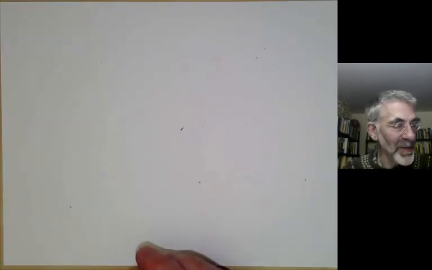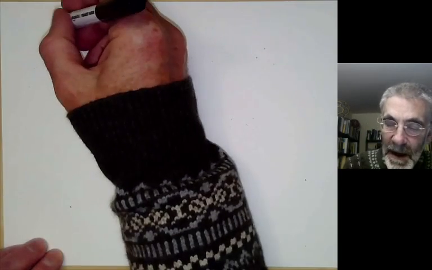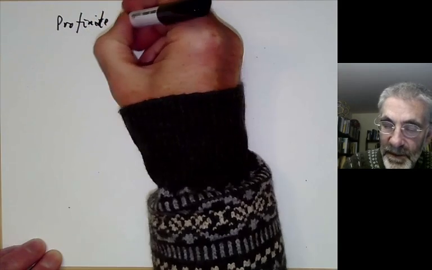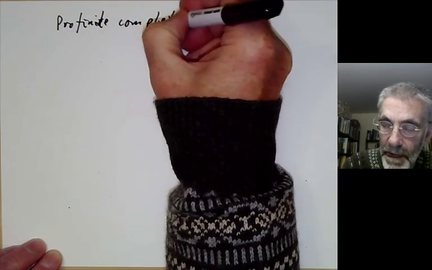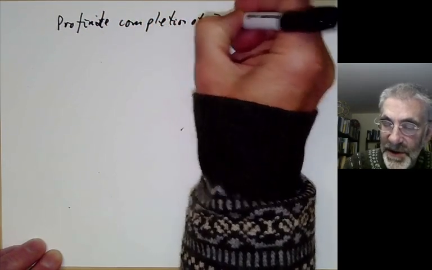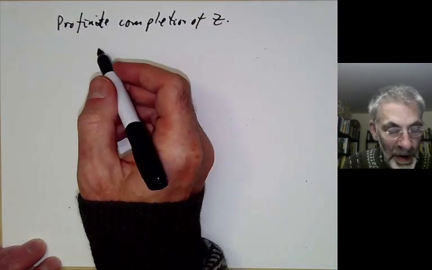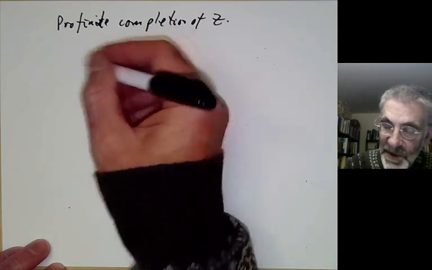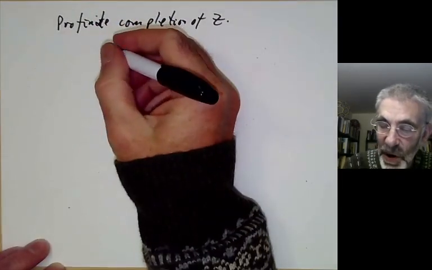So another example of an inverse limit is the profinite completion of the integers. This is a slightly more complicated example of an inverse limit. It's really an inverse limit over a more complicated category.